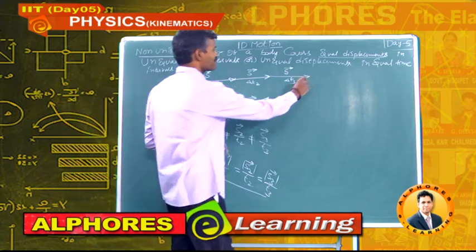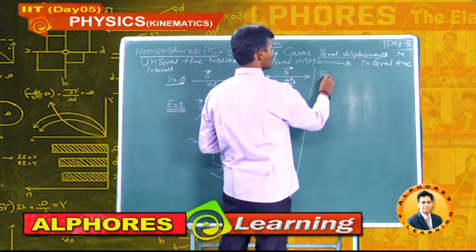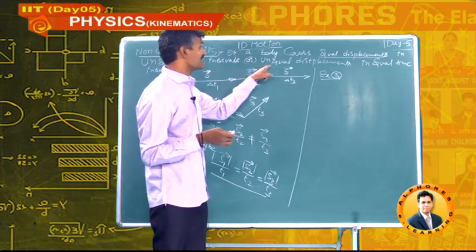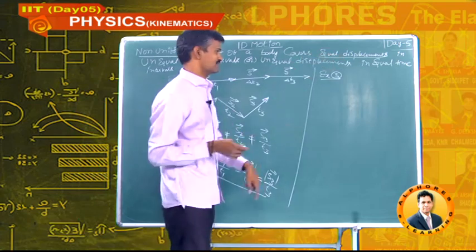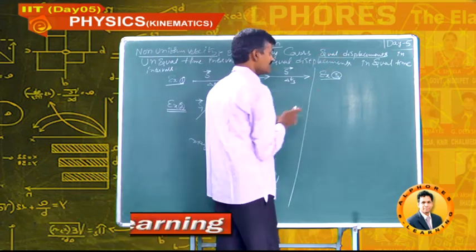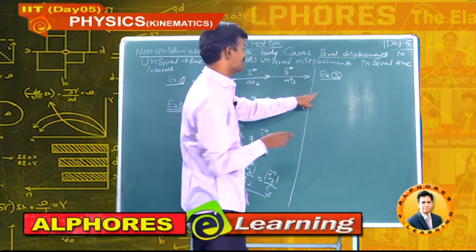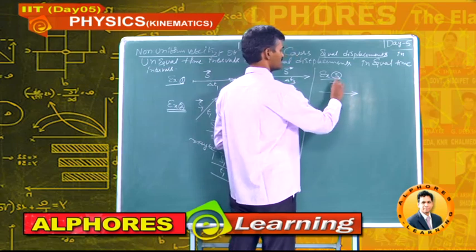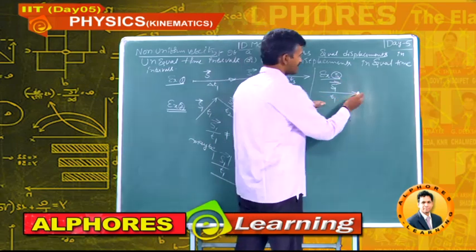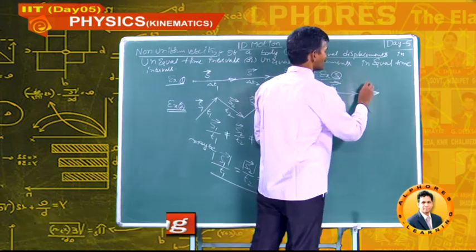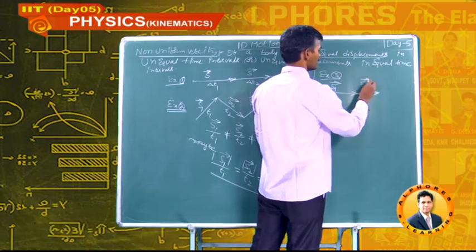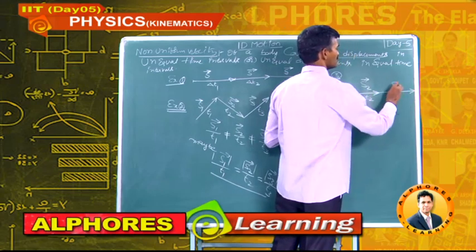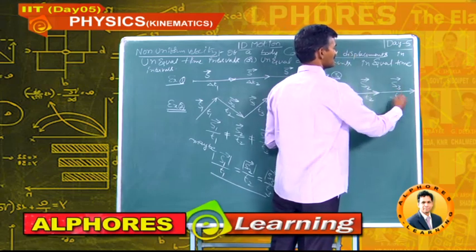What is our third example? Example 3. In this example, I am considering unequal displacements in equal time intervals. That is, here I am considering the same direction. The body covers S1 bar displacement in T1. In the same direction, the body covers some S2 bar displacement in T2 time interval, and S3 bar displacement in T3 time interval.